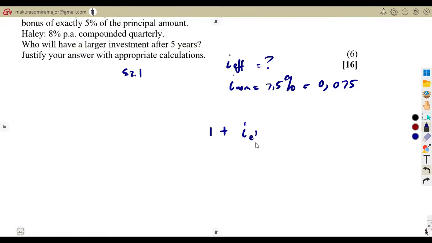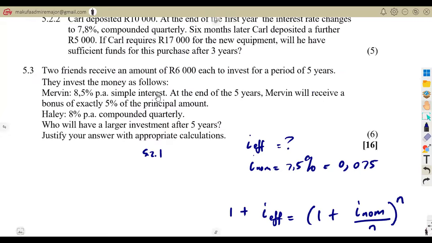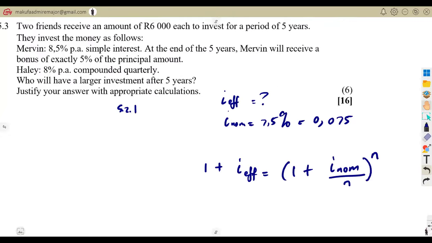Remember, 1 plus i effective is equal to 1 plus the nominal over N, all to the exponent N. So we're just going to have a bracket 1 plus like this. You can use the letter K, you can use N, you can use whatever letter you want, but this is just for the compounding that you are using there. So this is being compounded what? Monthly, so that'll be 12.